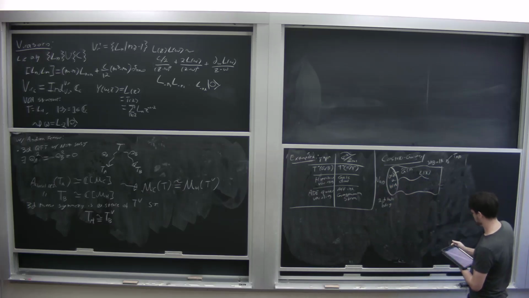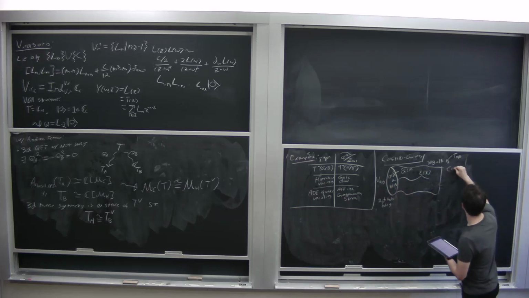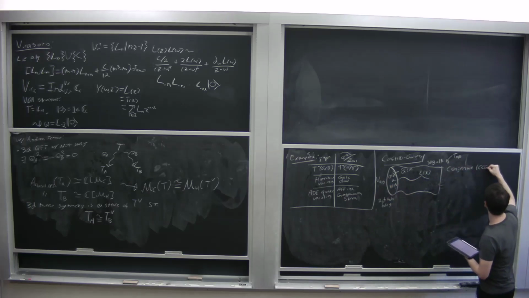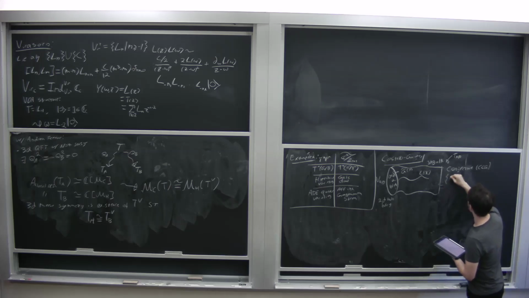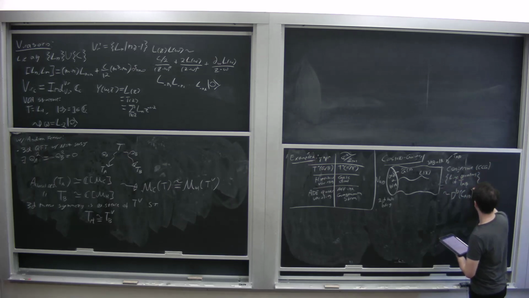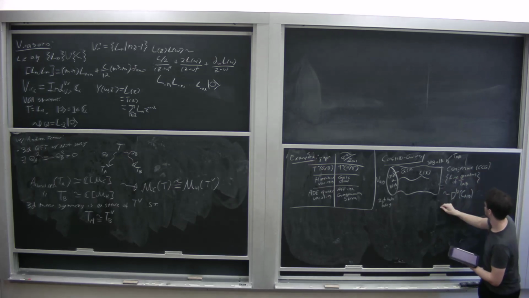This kind of picture leads to the first conjecture, which was, I think, stated first in Costello, Creutzig, and Gaiotto, which is that the category of line operators of the twisted theory is equivalent to some derived category of boundary vertex algebra modules.